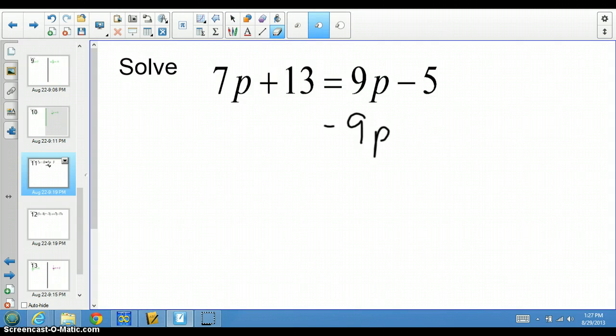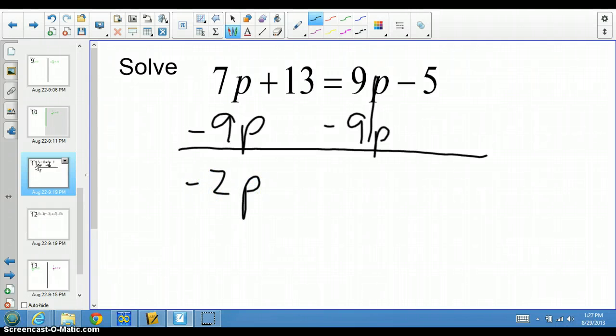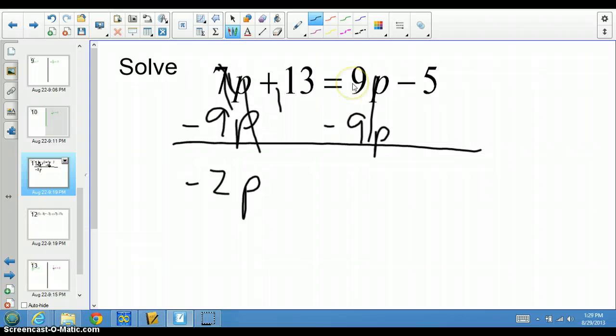Let me erase that and rewrite it real quick. Now, these are going to cancel out on the right side. So I'm left with 7 minus 9 is negative 2p. Now, I'm just going to go back up into this original problem, and I'm going to move the 13 over to the other side. So I'm going to subtract 13 from both sides.